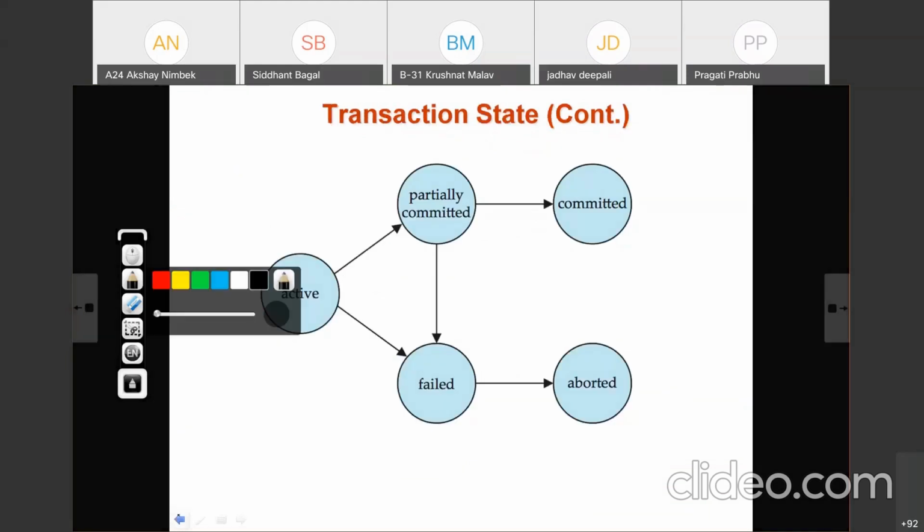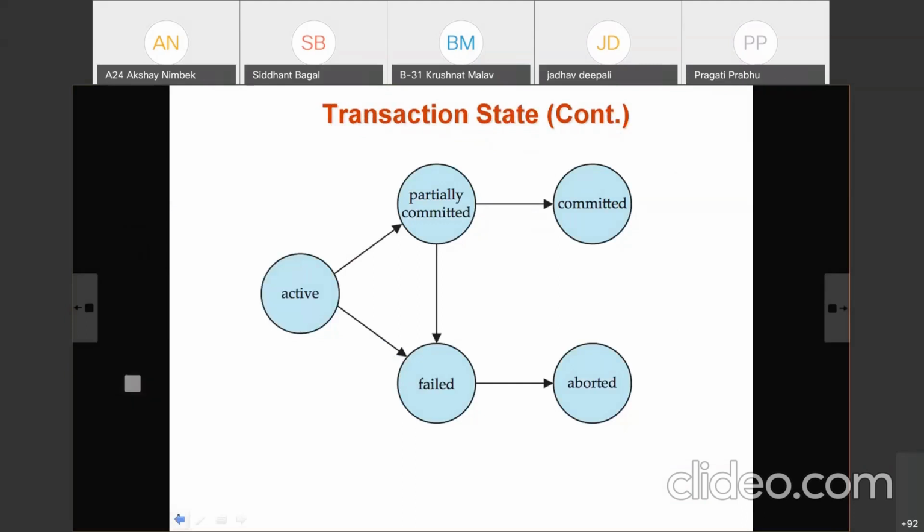Now see, in this case, the first instruction is the start. Okay, so here, the first state is the active state, when the transaction starts its execution.